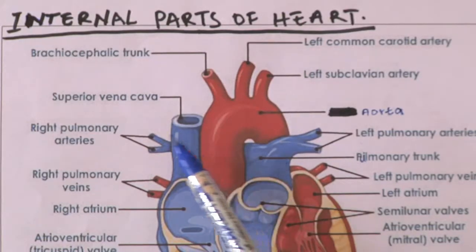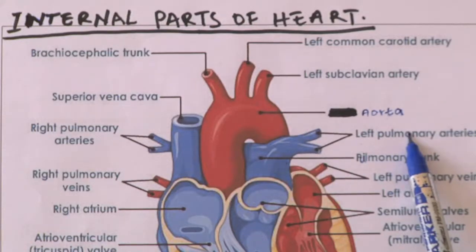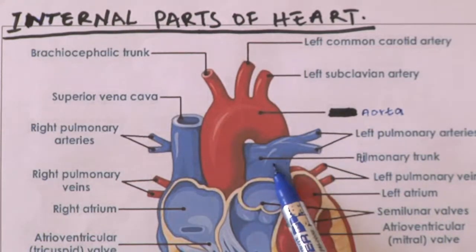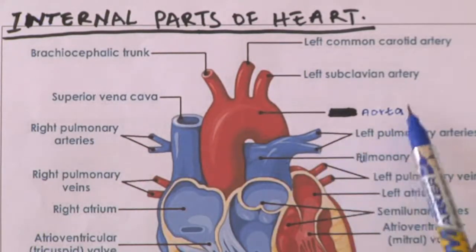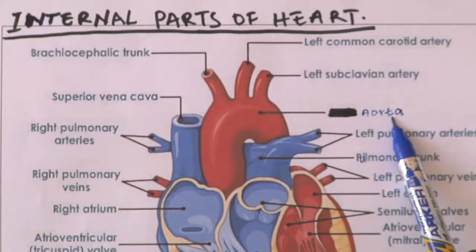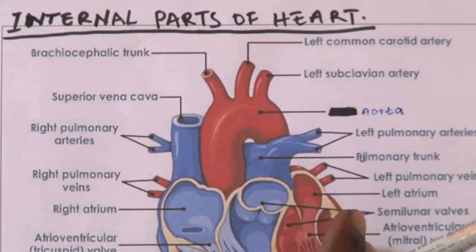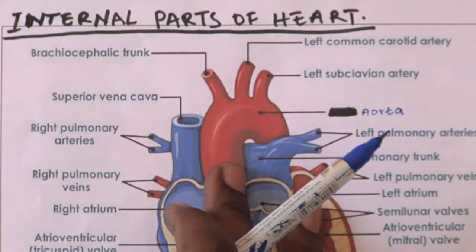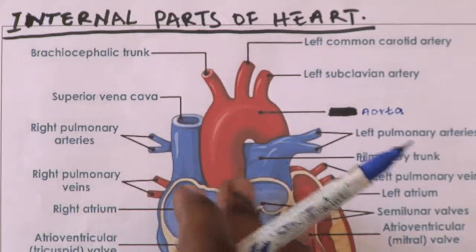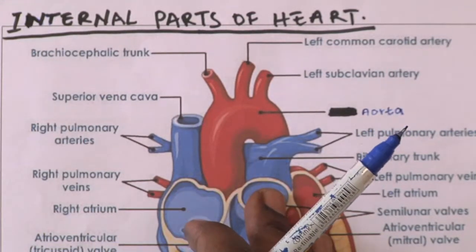That is why we talk about the right pulmonary artery and the left pulmonary artery, which take the blood to the right lung and the left lung. That is why we use different colors in this internal structure of the heart: the red one is oxygenated blood, the blue one is deoxygenated blood.